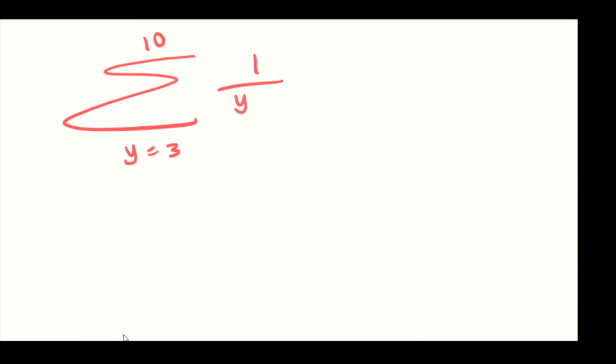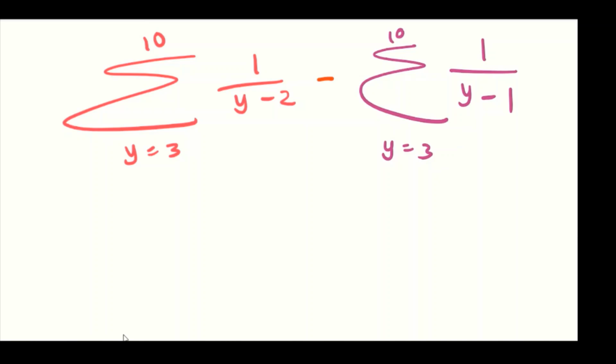We are having the sum from y equals 3 to 10 of 1 over y minus 2, and then minus the sum, at the top is 10, y equals 3, of 1 over y minus 1, right?